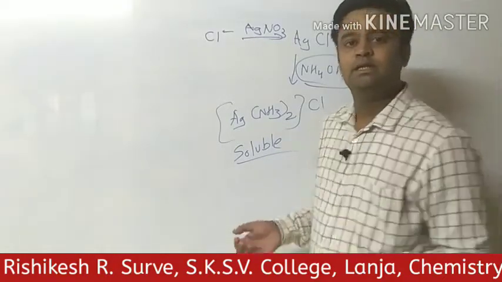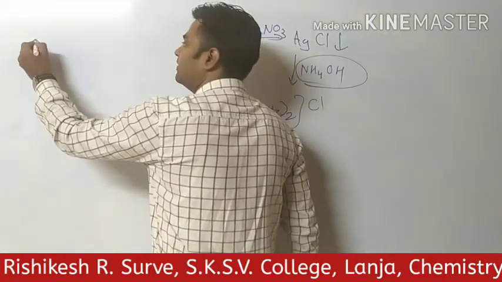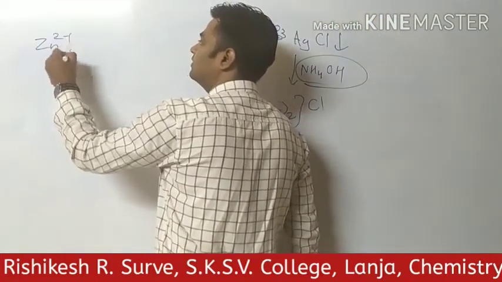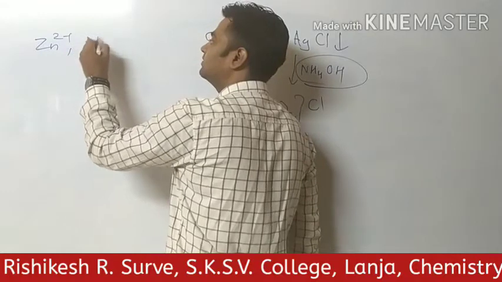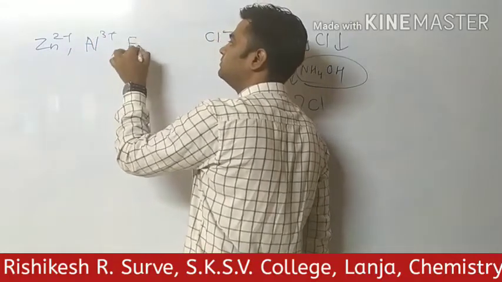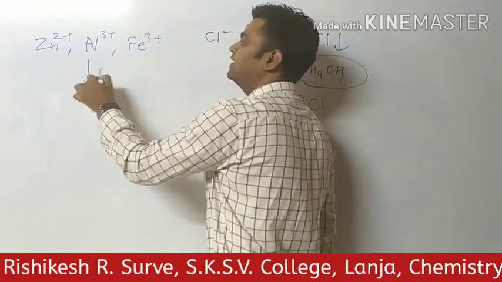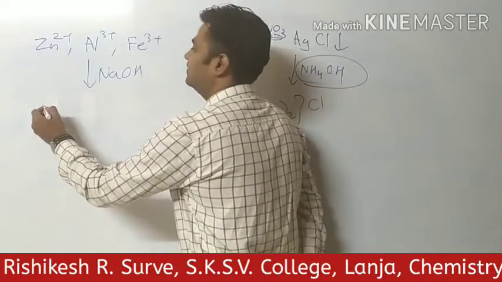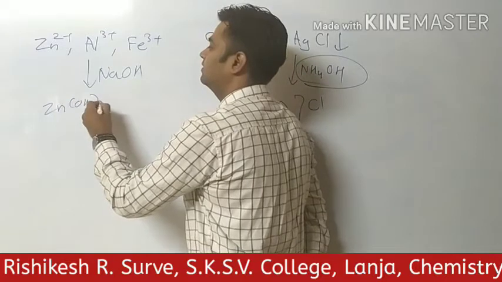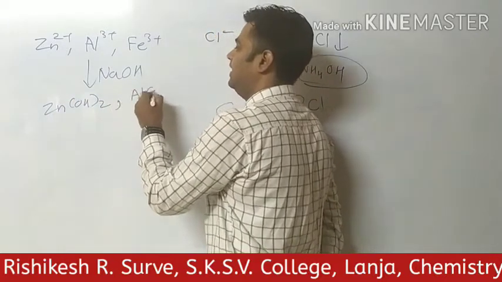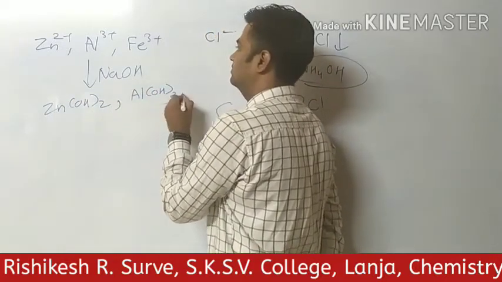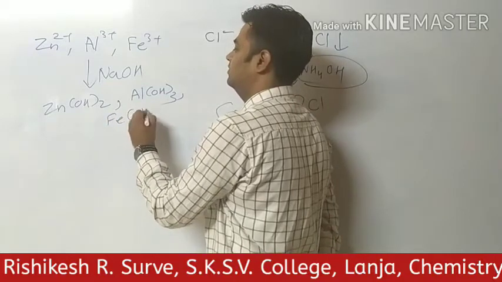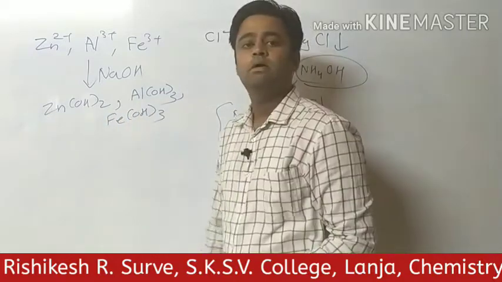Another example is, let's say you have been provided with 3 metal ions. On addition of NaOH, which is a base, all will get precipitated as hydroxides.